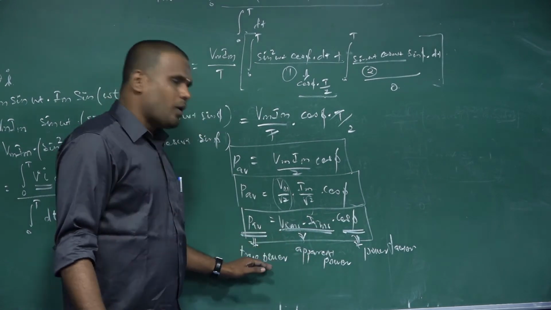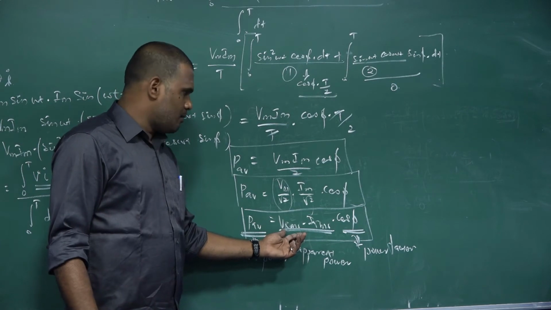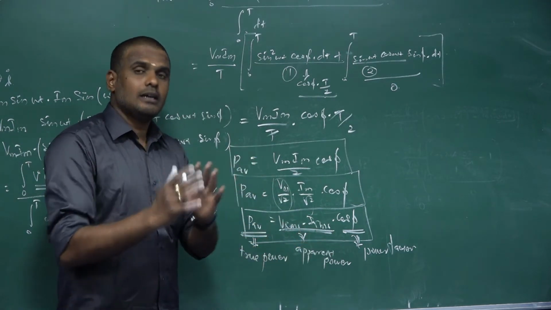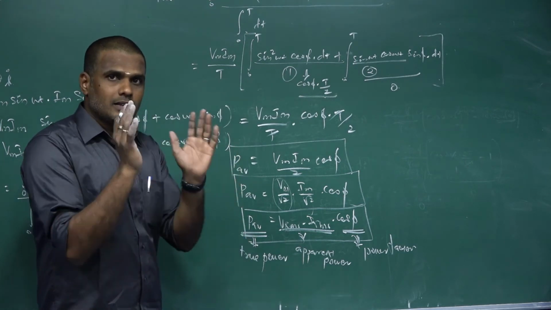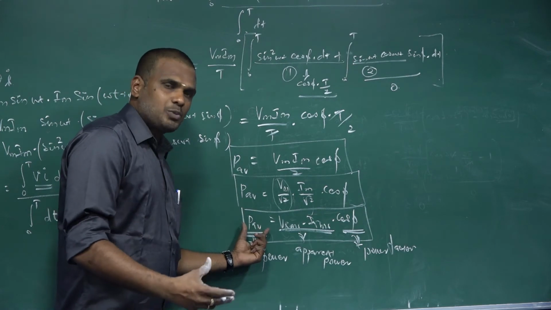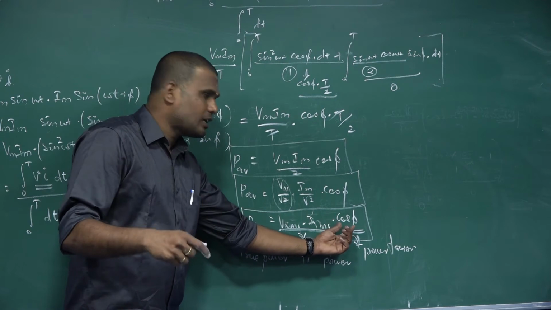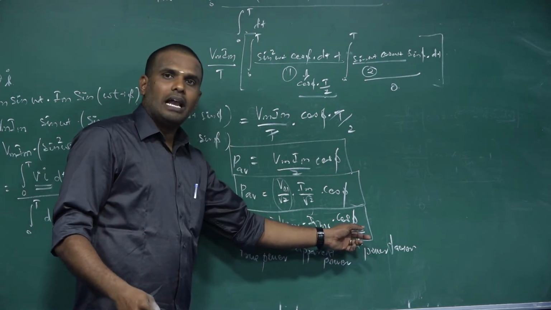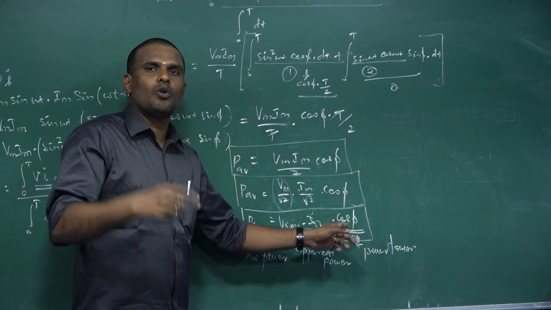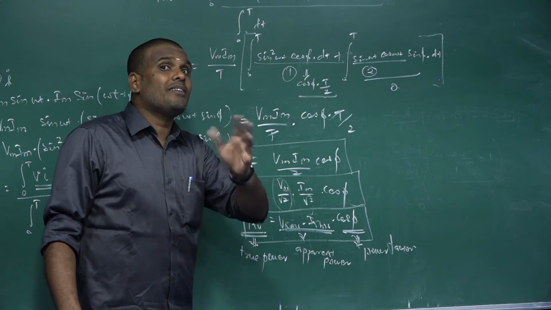What is this true power? We can simply say this much amount of voltage, RMS voltage, virtual voltage, and this much amount of virtual current is flowing through an AC circuit, where the component consumes this much amount of power, average power. Because Vrms, Irms is coming as a product with cos phi. Depending upon the value of phase angle phi between current and voltage, this cos phi term, power factor term, will be varying.